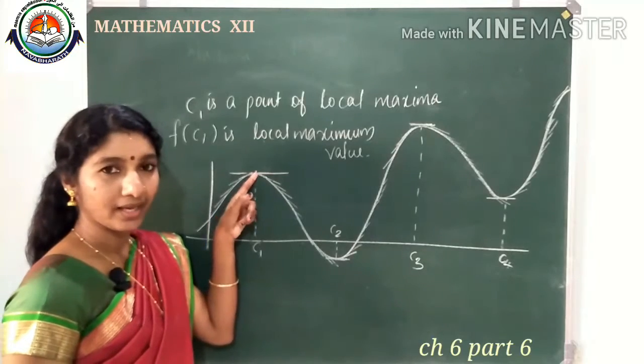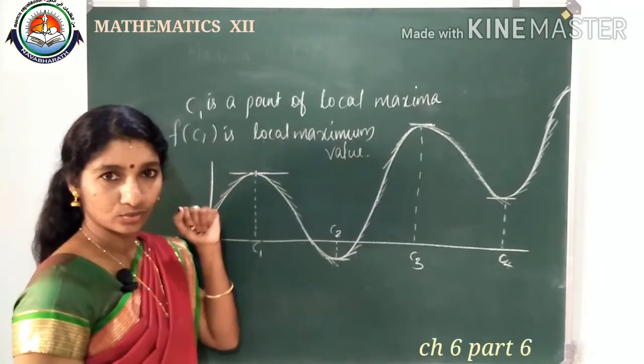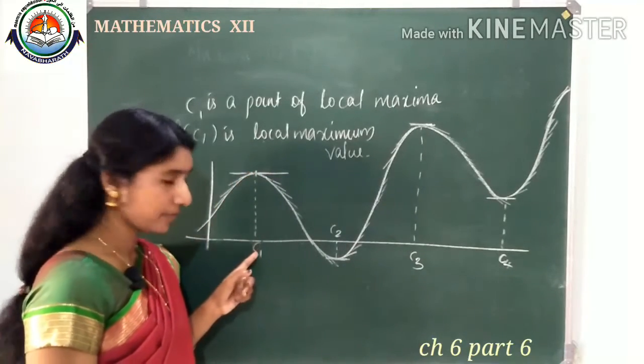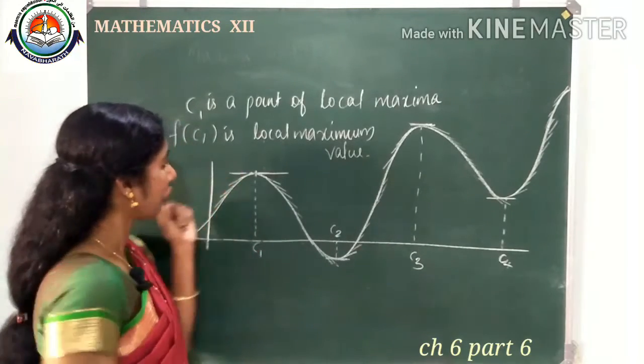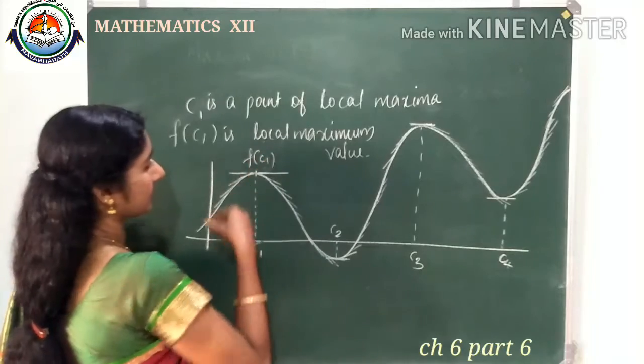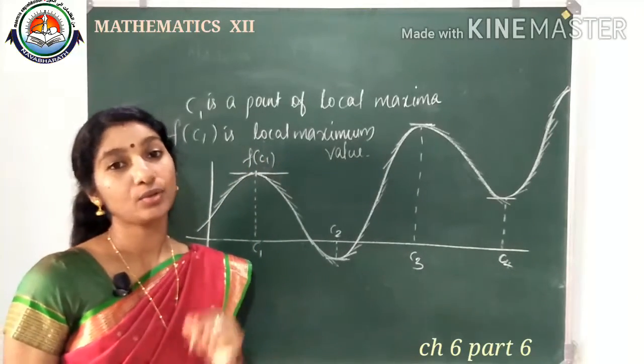That point, C1, is a point of local maxima, and f of C1 is the local maximum value of the function.